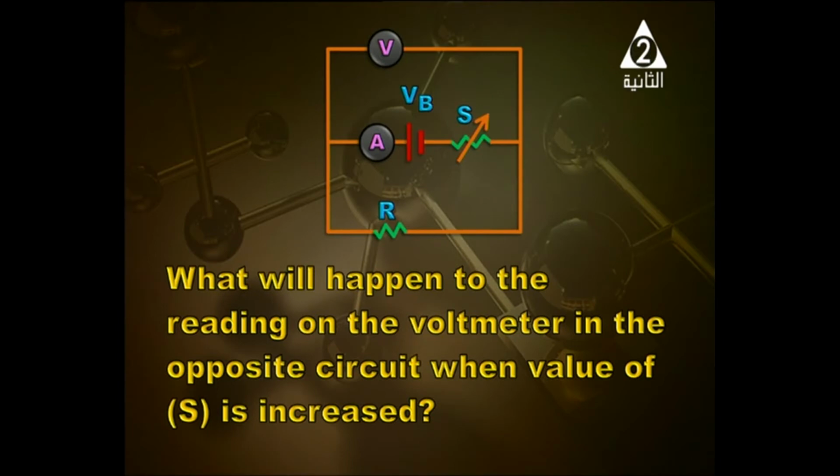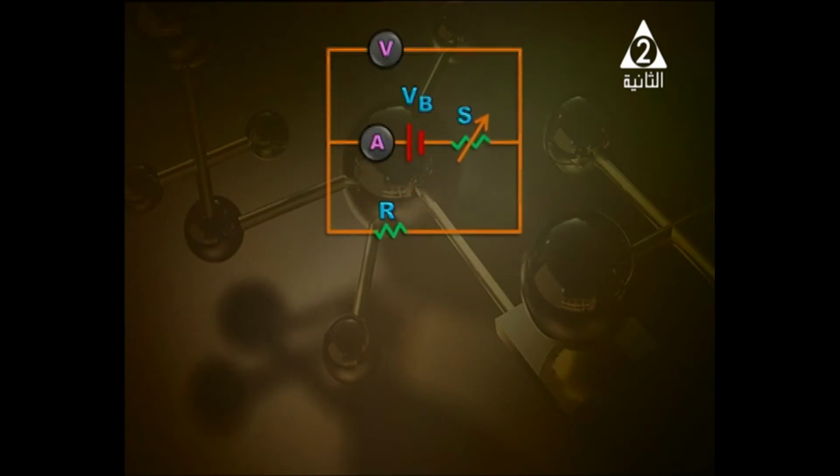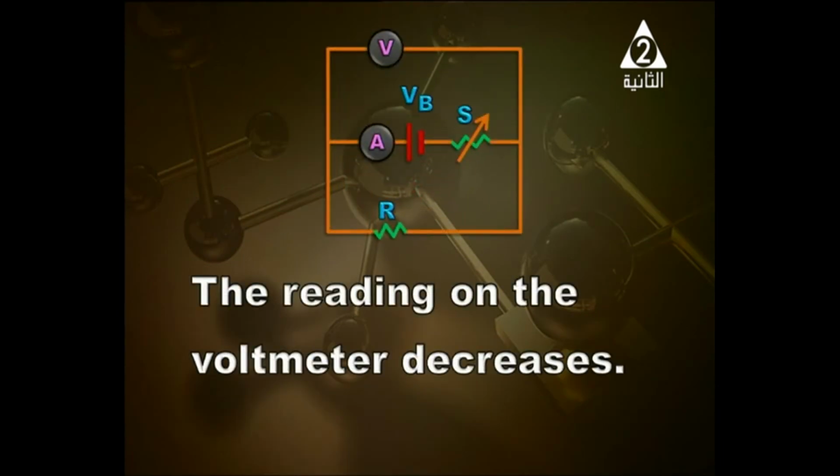The resistance is constant, so the current will determine what will happen to the reading of the voltmeter. When increasing the value of the variable resistance, the current decreases, so reading will be decreased. So the reading on the voltmeter decreases. Voltmeter here in this particular case reads the voltage only on the resistance R.